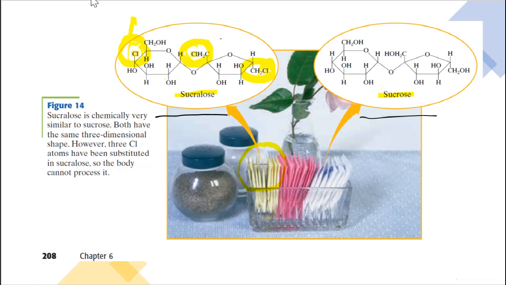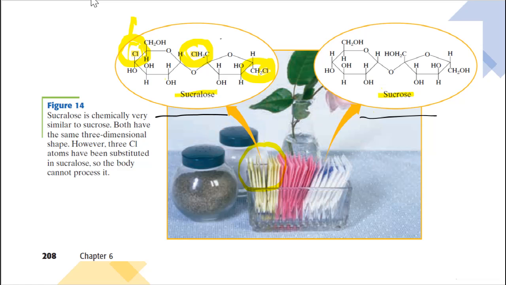So it fools your tongue into believing that it's sugar, and then it fools the brain, which gives you a sweet taste. But the sucralose cannot be processed by the body like sugar can. The sucralose just goes right through the body. It's like you're eating a little tiny piece of plastic that still gives you this sweet taste.